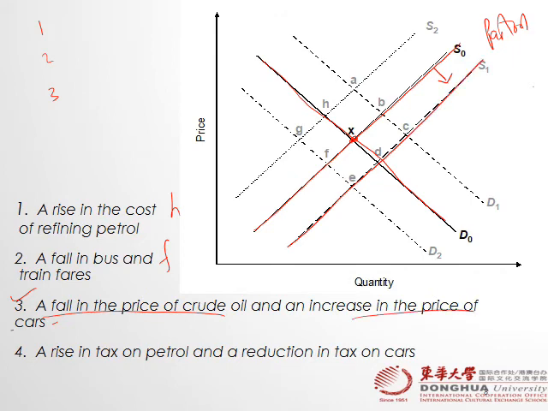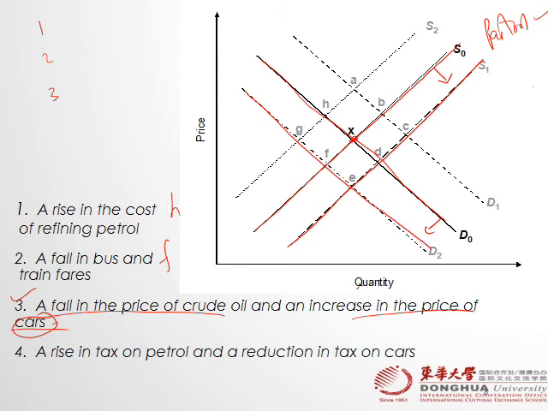An increase in the price of cars: now think in terms of complements and substitutes. Car is a complement for petrol, because without petrol, a car cannot run. If the price of the car increases, people will not buy cars. Similarly, demand for petrol decreases, so demand shifts to the left.